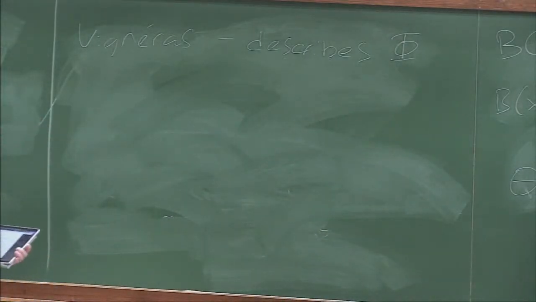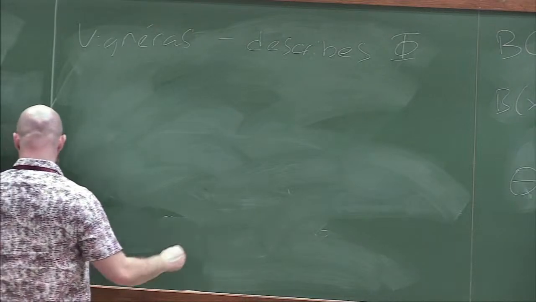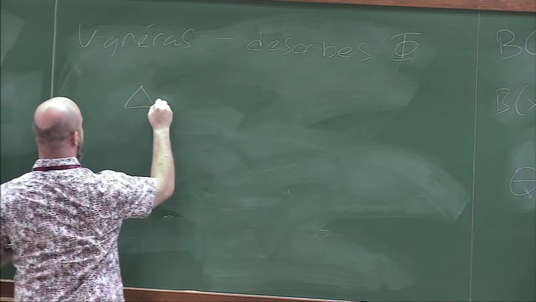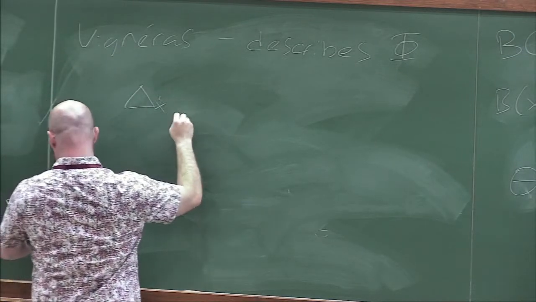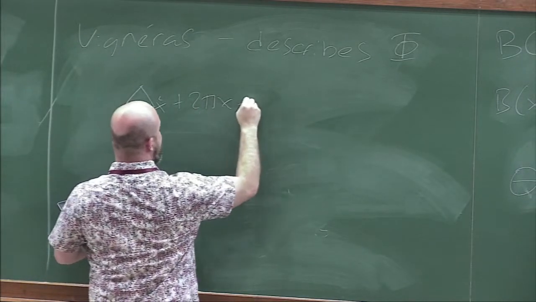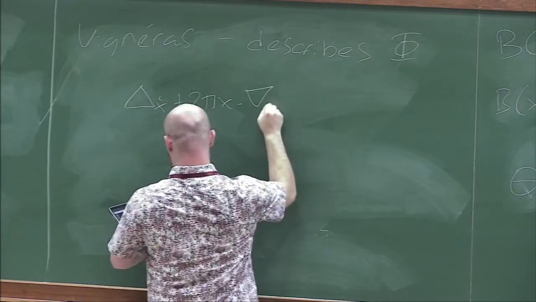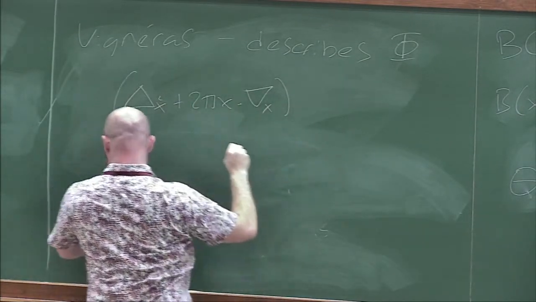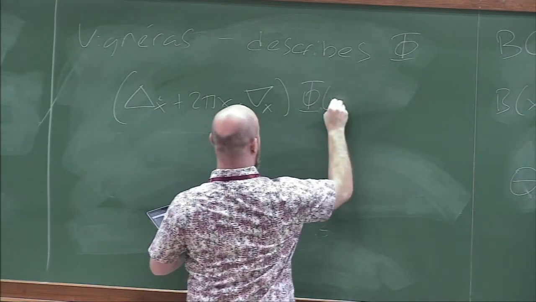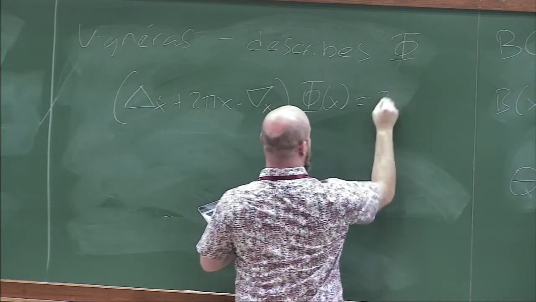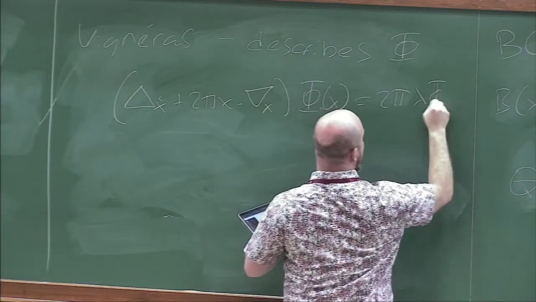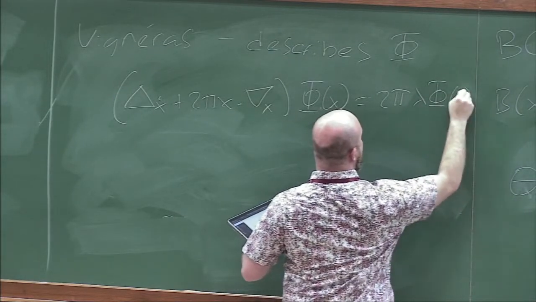And in particular, she has an equation that says that this Phi function should satisfy: the Laplacian plus 2 pi x dotted with the gradient, this acting on phi of x, should equal 2 pi lambda phi of x.